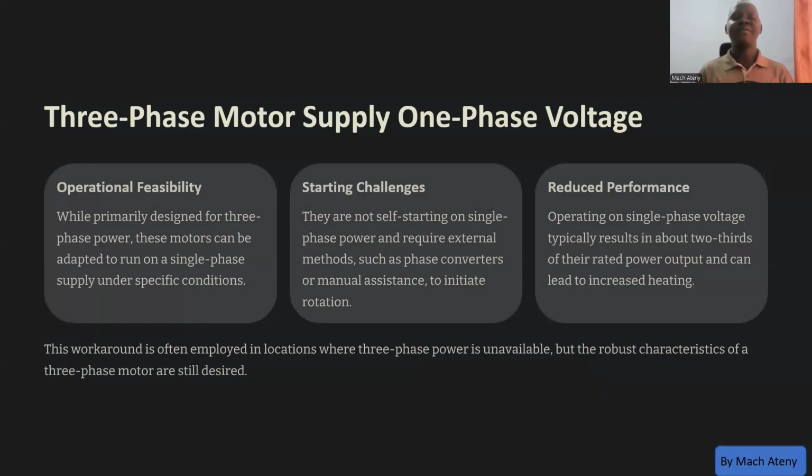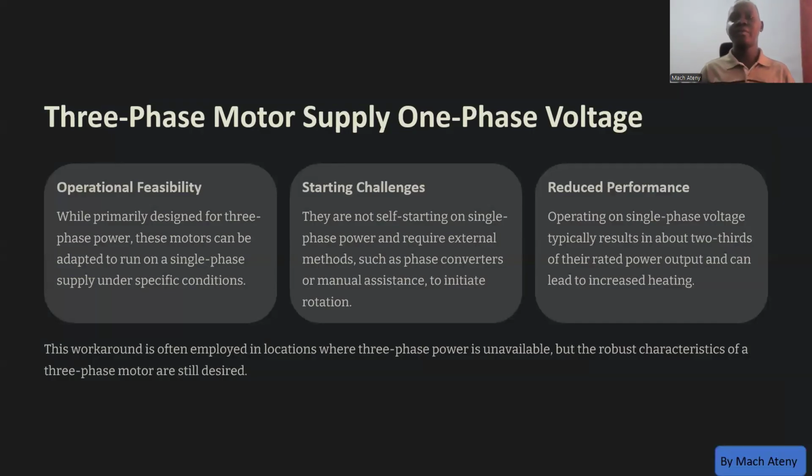While primarily designed for three-phase, this motor can be adapted to run on a single phase. The three-phase motor can work on single phase supply under a specific condition. We're having starting challenges. There are some starting challenges that are experienced when we use three-phase on single phase.